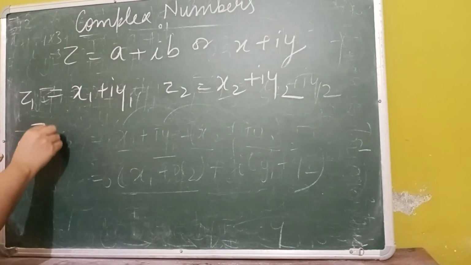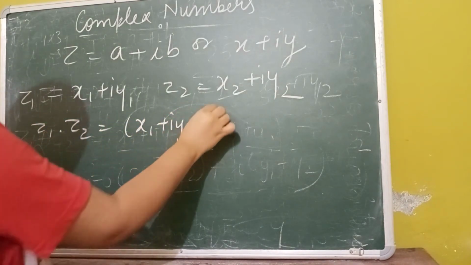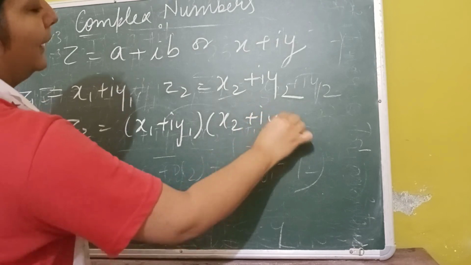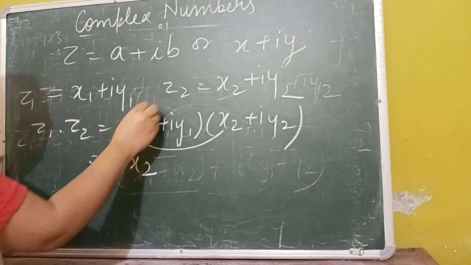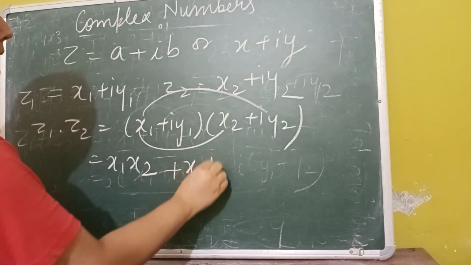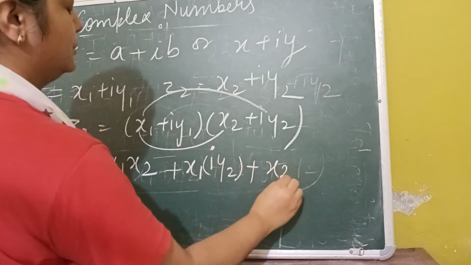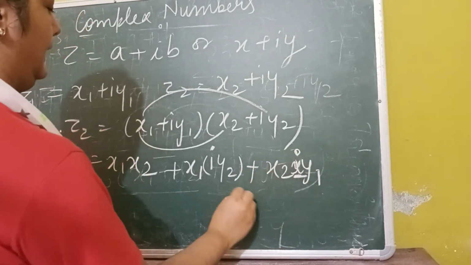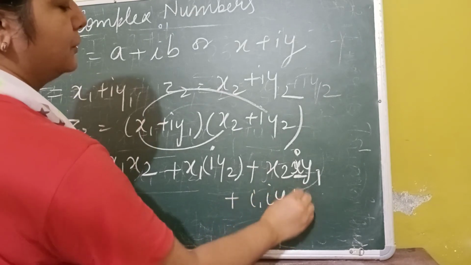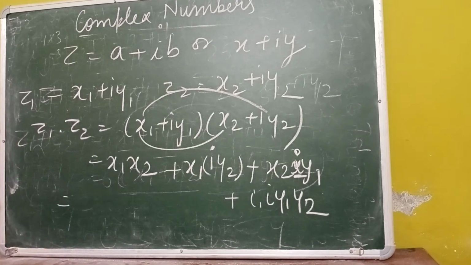When I ask for the multiplication z1 into z2, so x1 plus iy1 times x2 plus iy2, when we multiply it will be x1 x2, x1 iy2, x2 iy1, and i square into y1 y2. I write the terms without i.